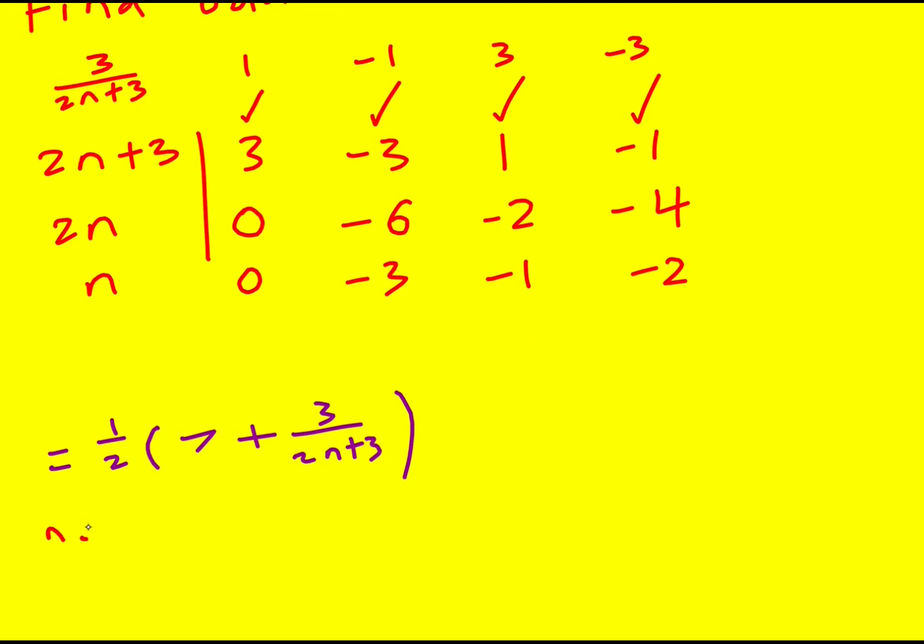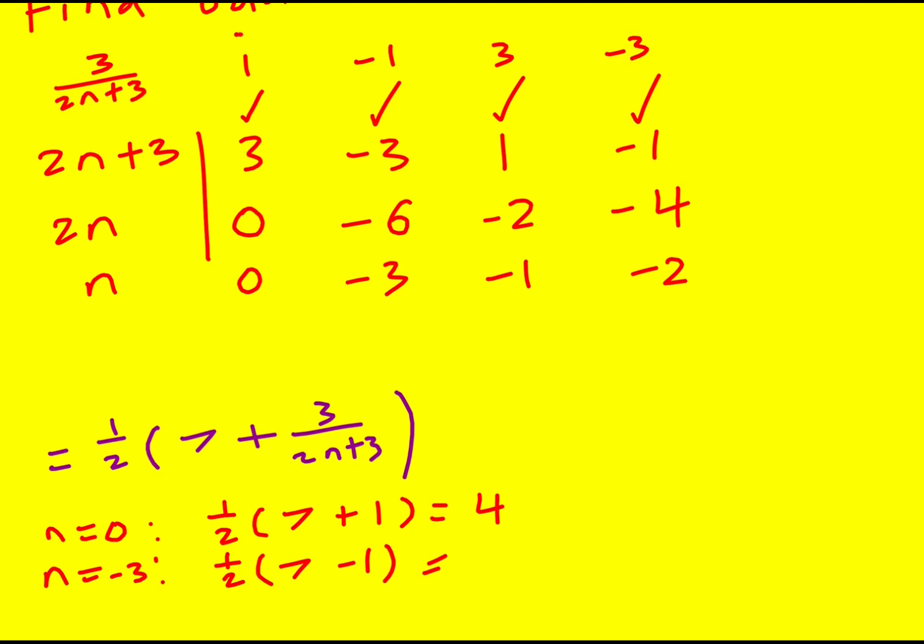So when n is equal to 0, I'm going to get a half times 7 plus 1, which is going to equal 4. When n is equal to minus 3, I'm going to get a half times 7 minus 1. I'm just putting each of these in because that is my 3 over 2n plus 3, and that's going to be 3.